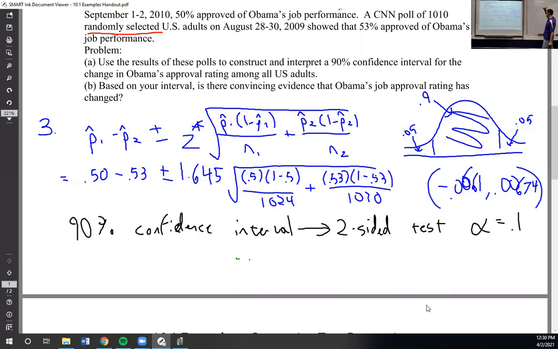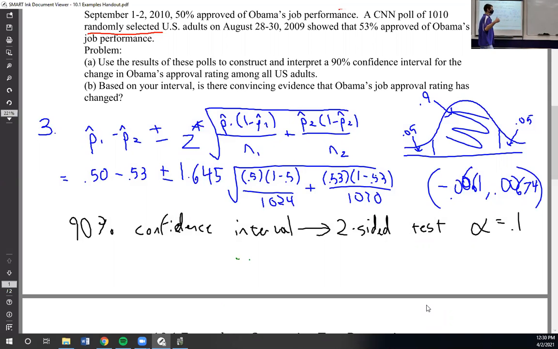Because remember, what the confidence interval tells you is some plausible values for the difference in these two proportions. And if we're measuring whether there's a difference in the two proportions, our hypothesis test would be about the difference being 0 versus not being 0. So we would look at this confidence interval and say, wait a minute, 0 is in this interval, which means that 0 is a plausible value for my parameter.